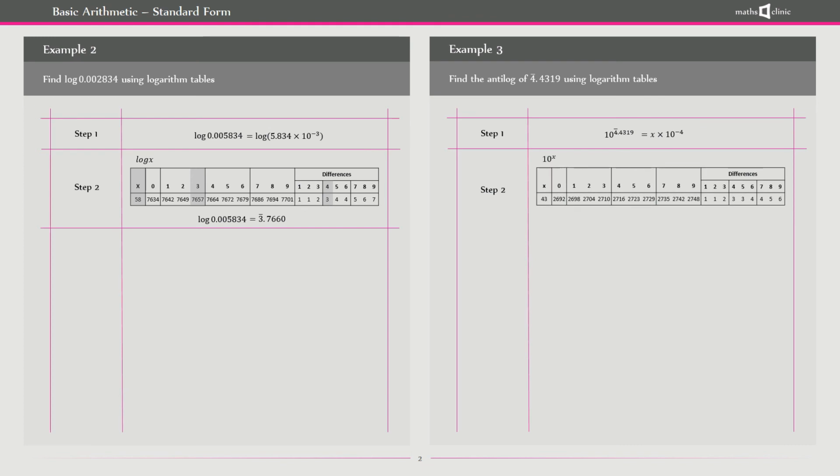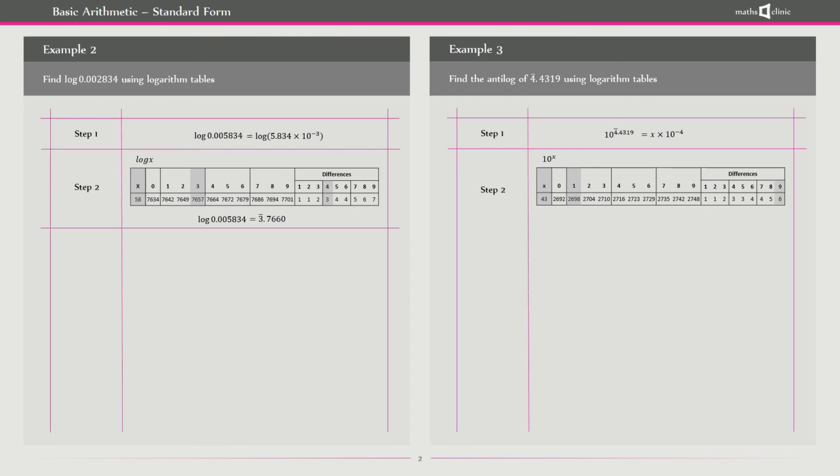Now we're going to apply our antilog tables, and for the actual number we have in this case, we consider the numbers in the decimal places. We have 4319, and we can go ahead and say 43 under 1 difference 9.